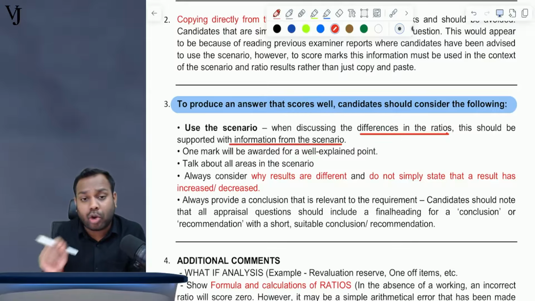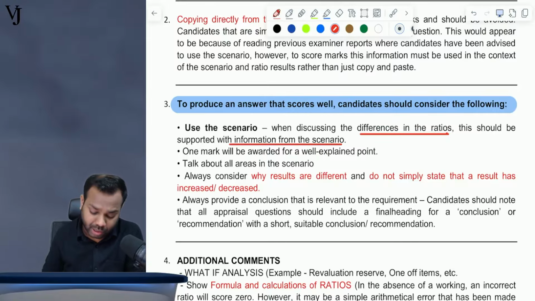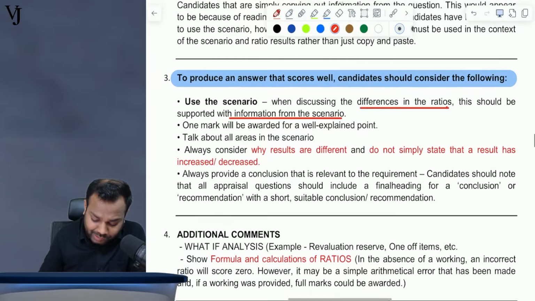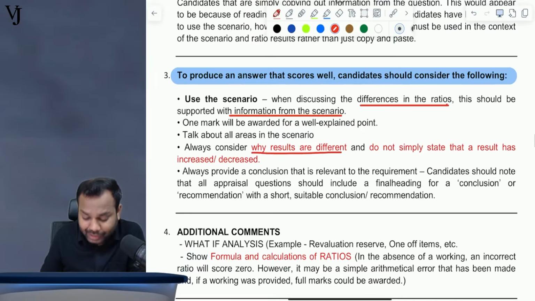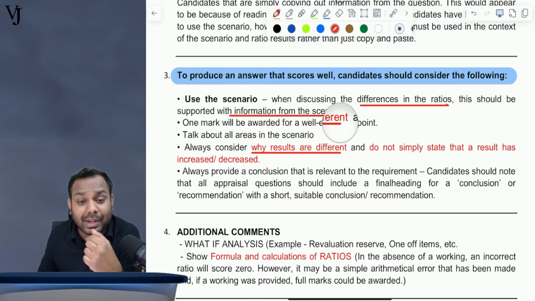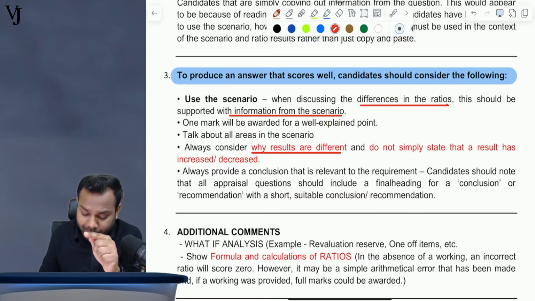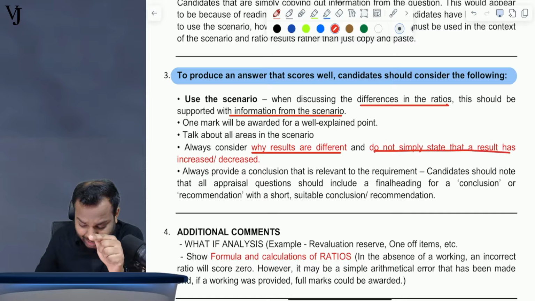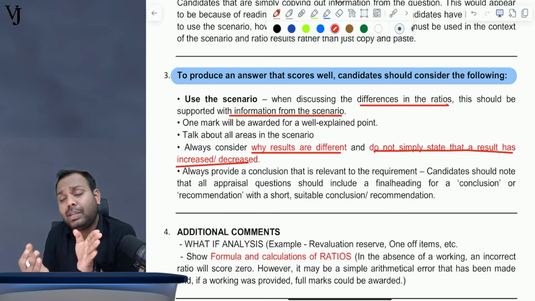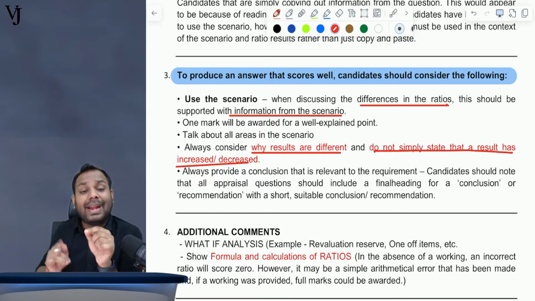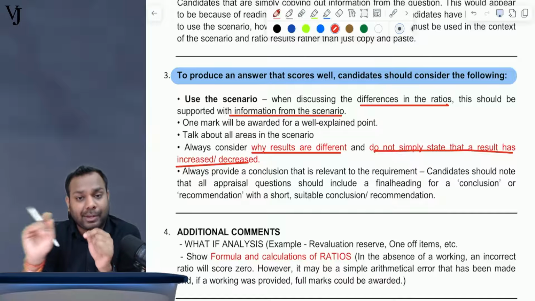You are not required to copy paste. Support it. Always consider why the results are different, basically why there is an increase or decrease. Don't simply state that the result has increased or decreased. Don't just say that gross profit has increased or decreased. Write the reasons of the same using the scenario.